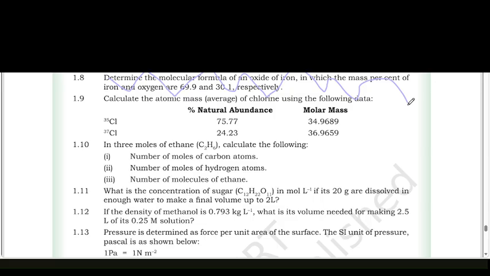So now the next question is calculate the atomic mass of chlorine using the following data. Just multiply: 75.77 into 34.9689 and 24.23% into 36.9659.